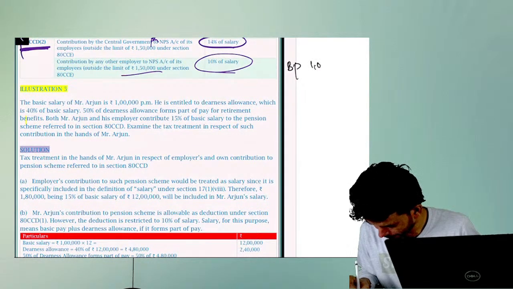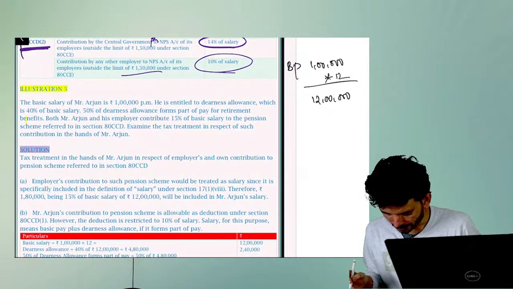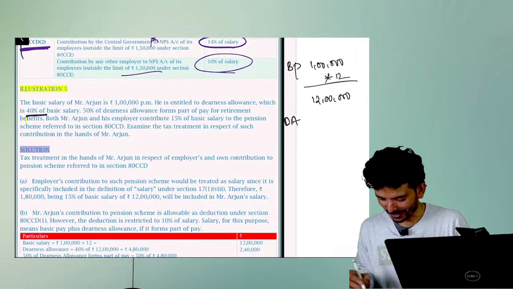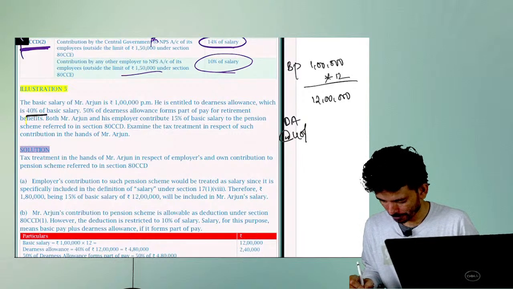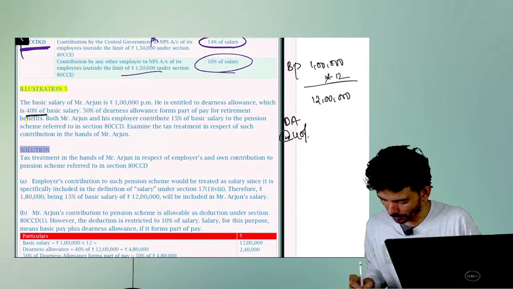Basic pay is 1 lakh multiplied by 12, and 40% DA is 4,80,000.